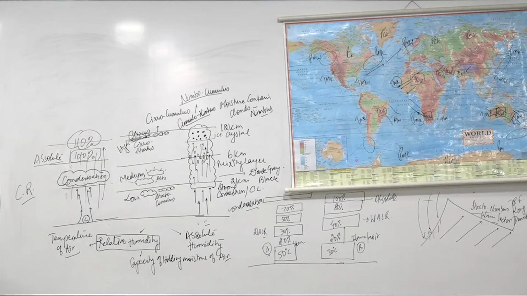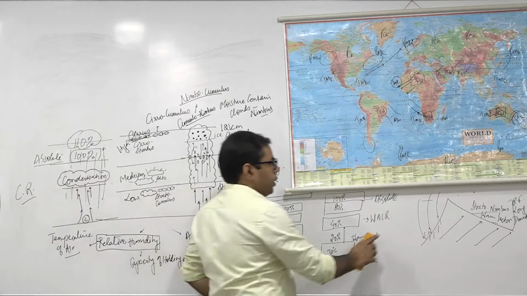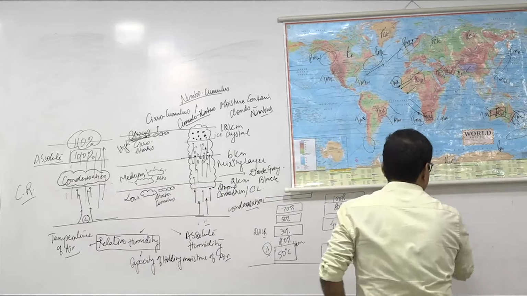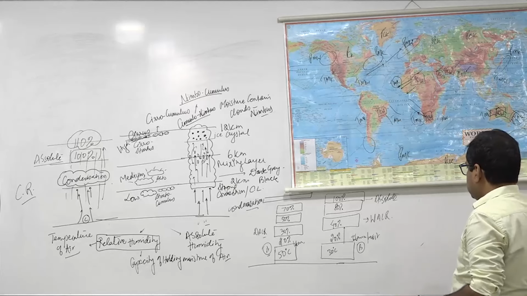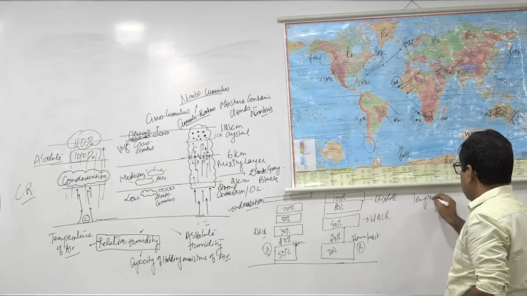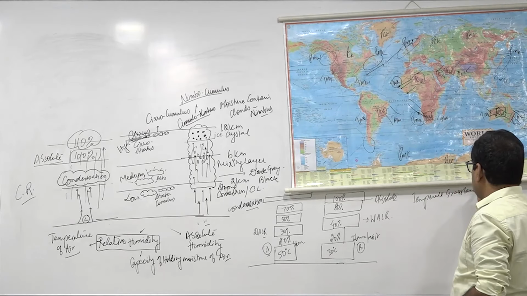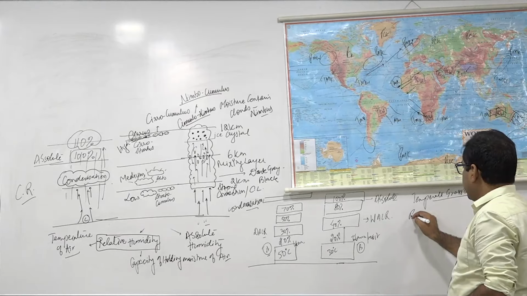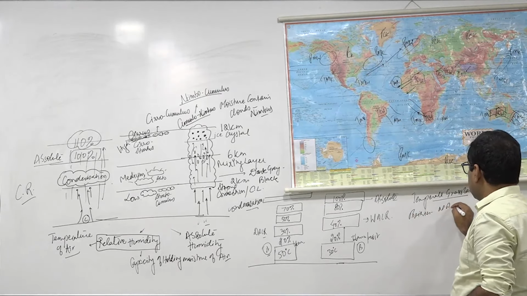What are temperate grasslands called? They are the names of the temperate grasslands. This is called prairies in North America.